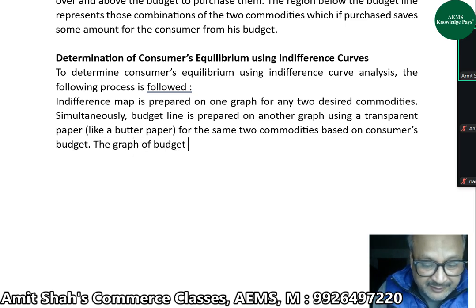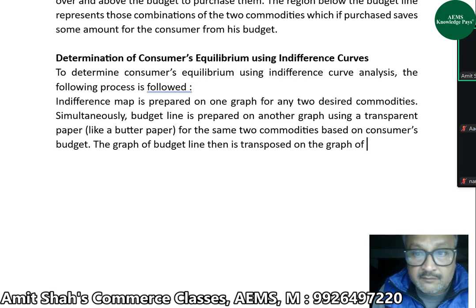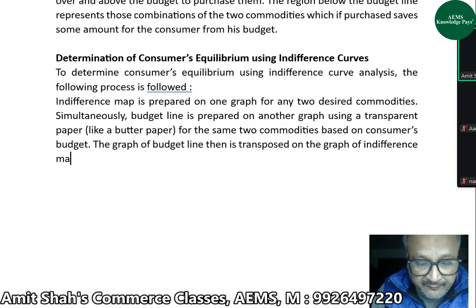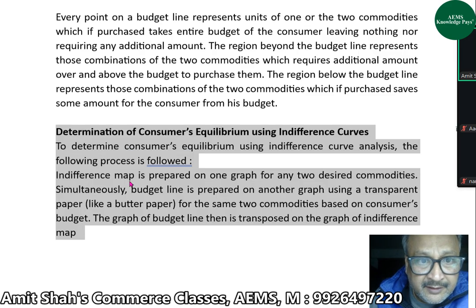The graph of the budget line is then transposed on the graph of the indifference map. Naman, this I explained in my previous class, so you can start noting this down.